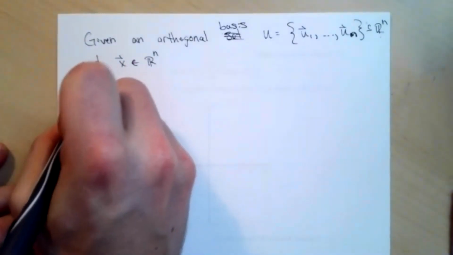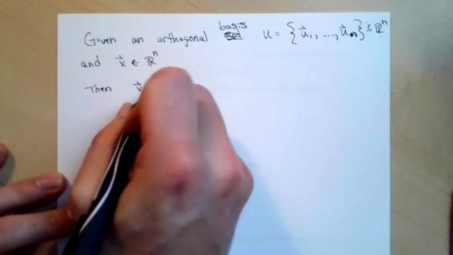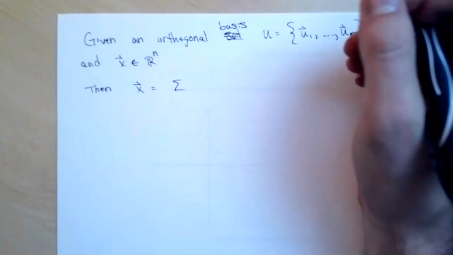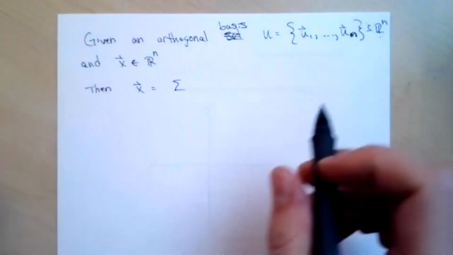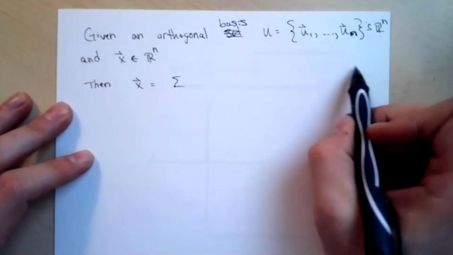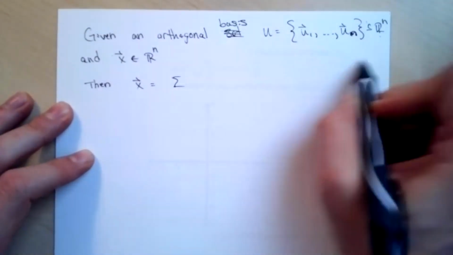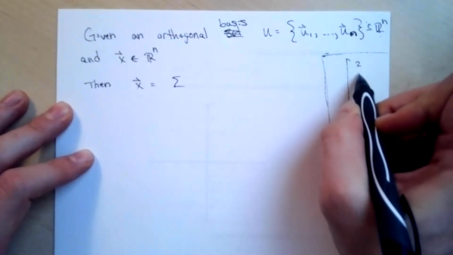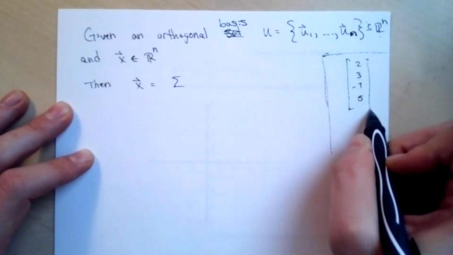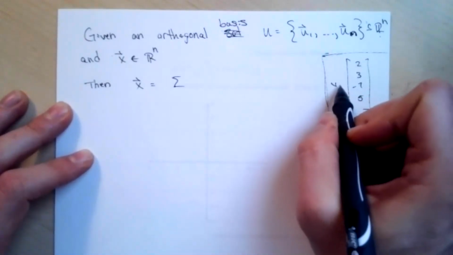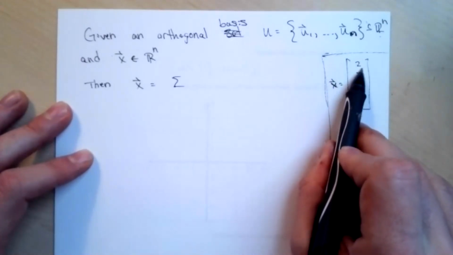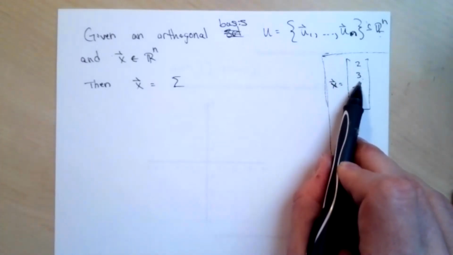Then X is going to be, well, in some sense, you can think of this as our standard basis. When we write numbers, 2, 3, -7, 5, really what we're saying is, if this is a vector x, if I project x onto E1, we would get 2. If we project x onto E2, we would get 3.